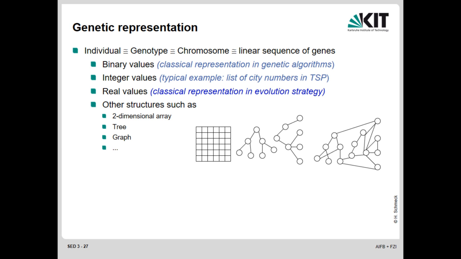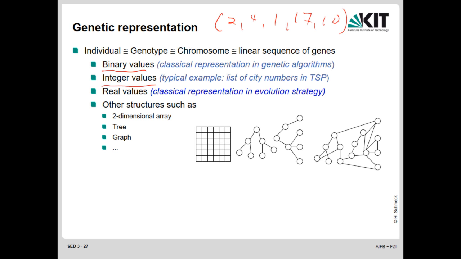So it can be just binary values. That's the classical representation in genetic algorithms. Just a sequence of zeros and ones. This is just some coding of the problem. Maybe you have integer values, so let's say you have just these values, that those could be numbers of cities, and you would like to visit them in this sequence.